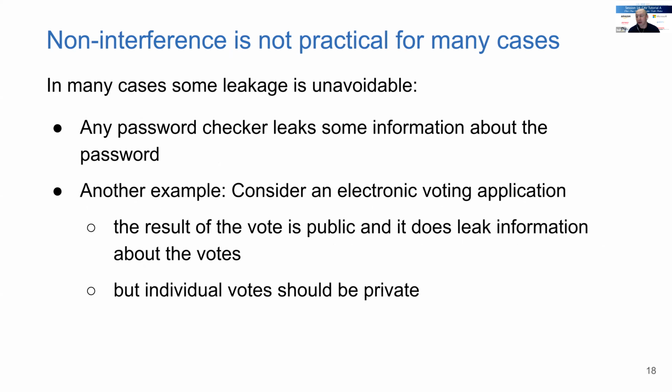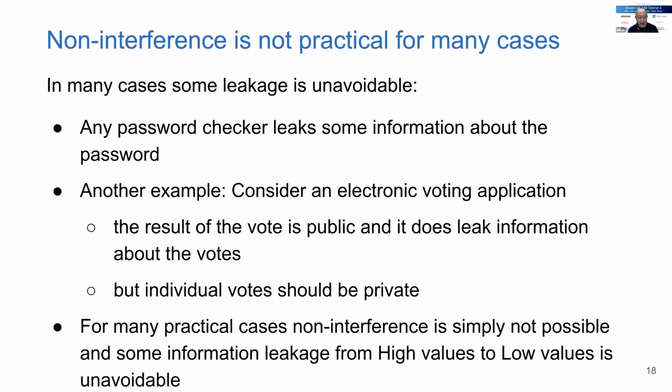So you don't want to leak all the information, but some information leak cannot be prevented. Some information leak is going to happen. There are many practical cases where non-interference is simply not possible, and some information leakage from secret to public values is unavoidable. Non-interference is good if you can achieve it, but there are many cases where it's not possible.